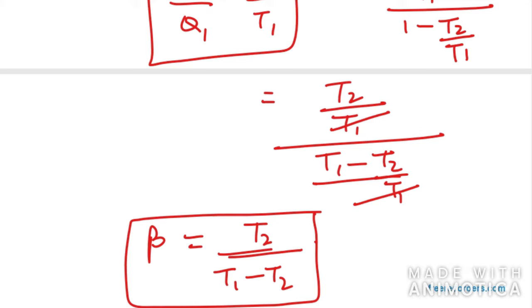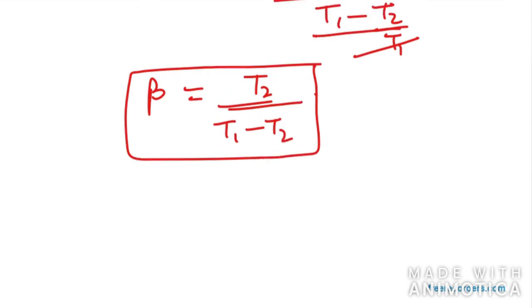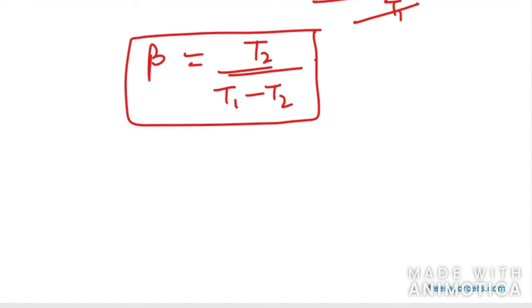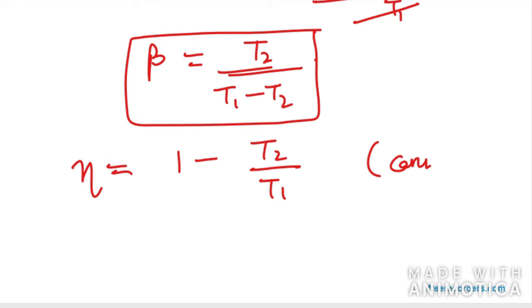And if you need to write beta and eta terms, so if eta is the efficiency of the Carnot cycle, the formula for it is 1 minus T2 over T1, for the Carnot cycle, mind you. If not a Carnot cycle, then you can use the other one. If it is a Carnot cycle, then you can use this formula.